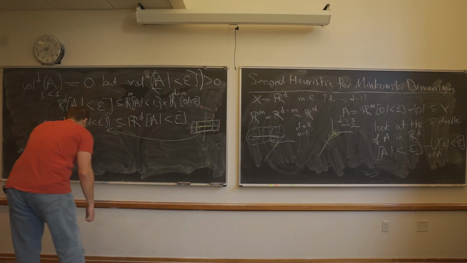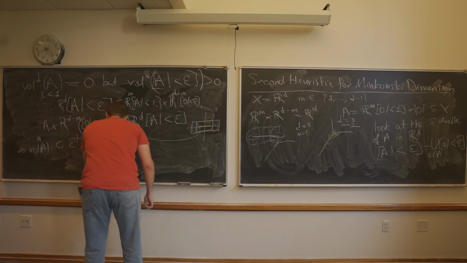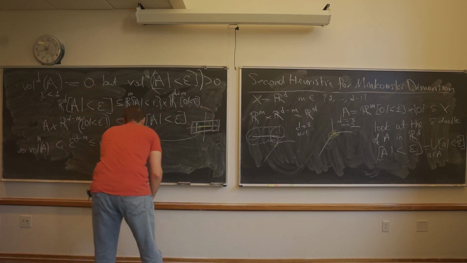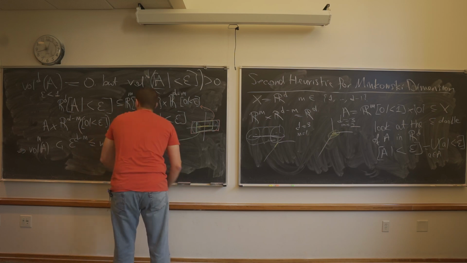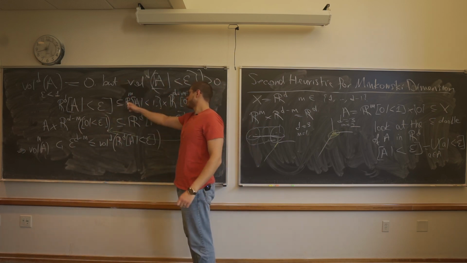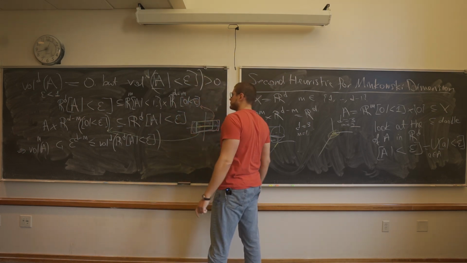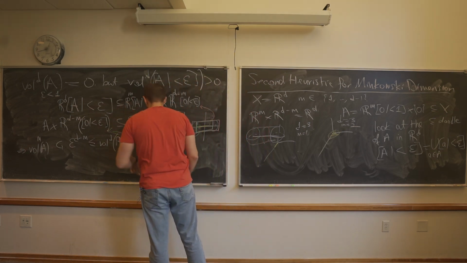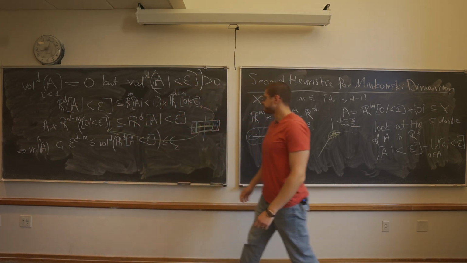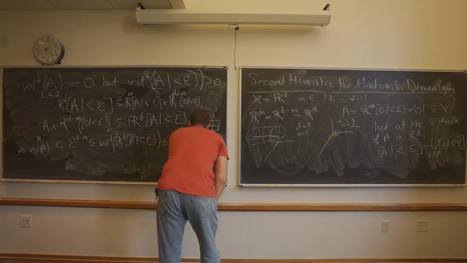Then I have this d-dimensional volume of the doodle, then this is bounded by the m-dimensional volume of this times the d minus m-dimensional volume of this. Well, this is going to be some number that I don't really care that much about. So let me denote it by C2. And then this is going to be, again, epsilon to the d minus m.